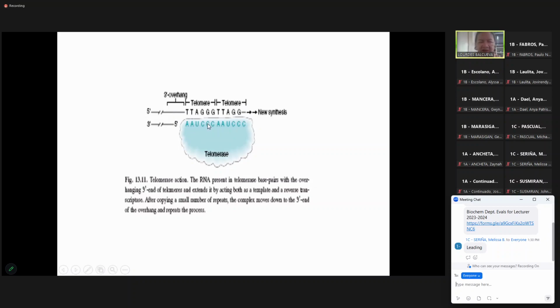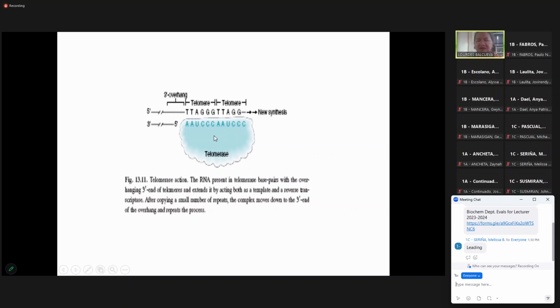So these are RNAs in your telomerase. These are capable of synthesizing DNAs that can become bonded with DNAs in the other strand.